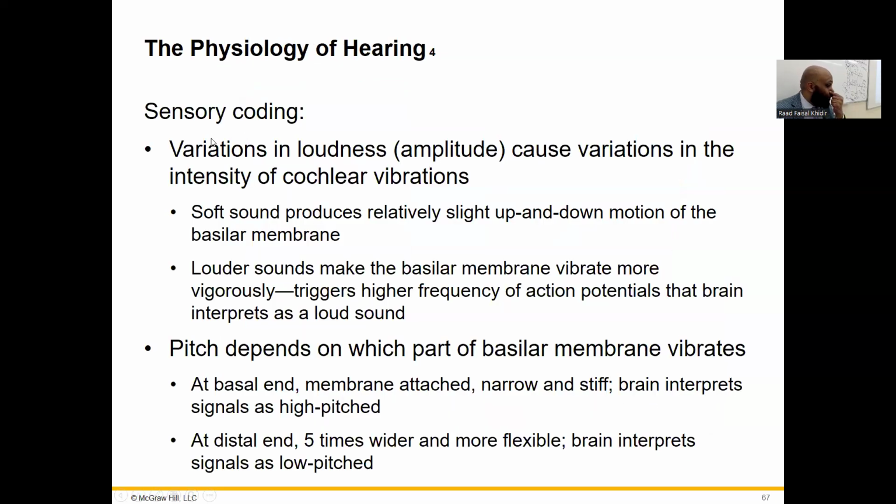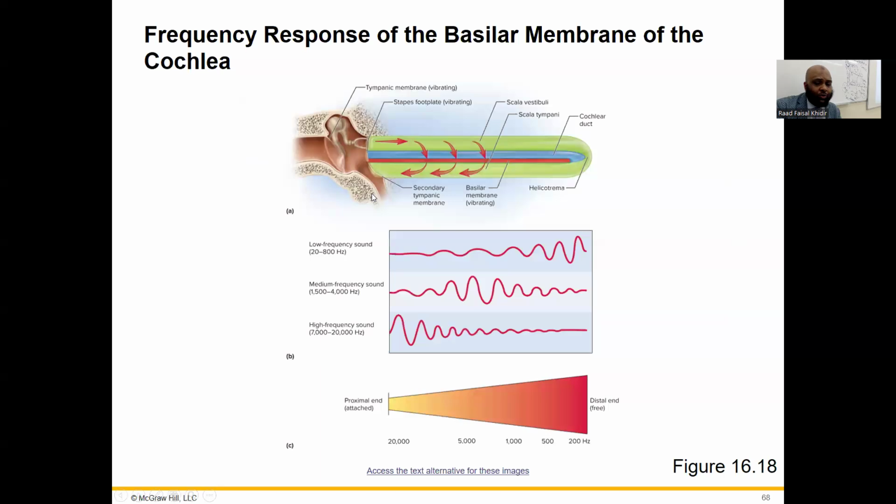Once we have now detected this sensory stimulation, let's look at the coding. Variations in the loudness, or the amplitude, are going to cause variations in the intensity of the cochlear vibrations. And the pitch is going to depend on which part of the basilar membrane vibrates.